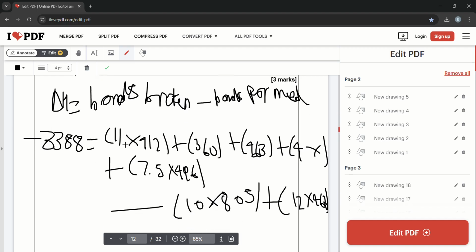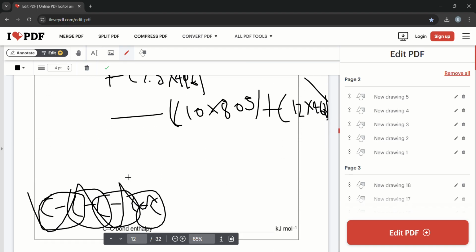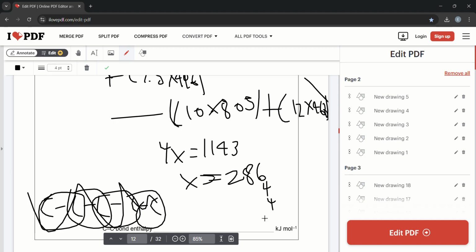What I'd do first is add these all up for the bonds broken, then add up the bonds formed, and then subtract from each other. And then you should get 4x is equal to 1143, and therefore x is going to be 1143 divided by 4, which gives me 286. Let's double check that. 286 times 4: 24, 32, 40.